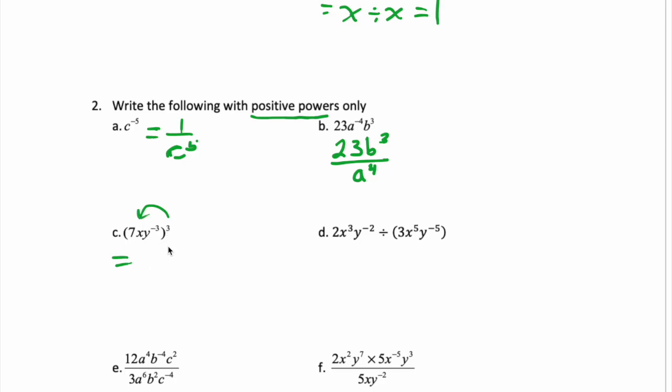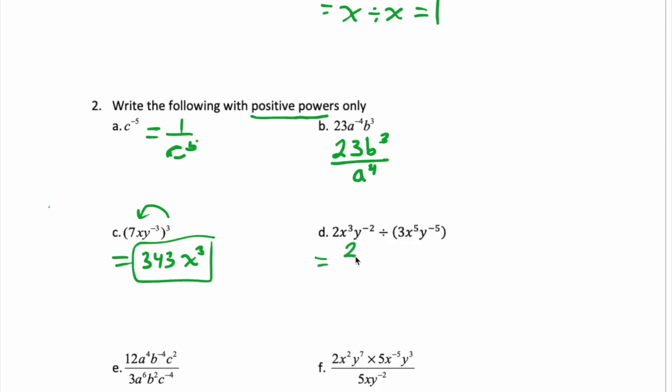Okay, 7 cubed is 7 times 49. Is that 343? I think so. And you're going to have x to the power of 3. Now you basically add the exponents on this one, and you get y to the power of 0, which is just 1, right?